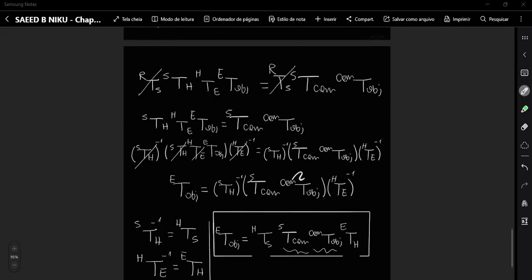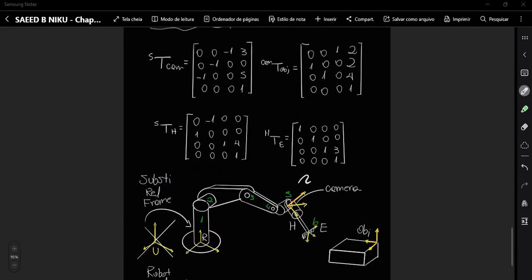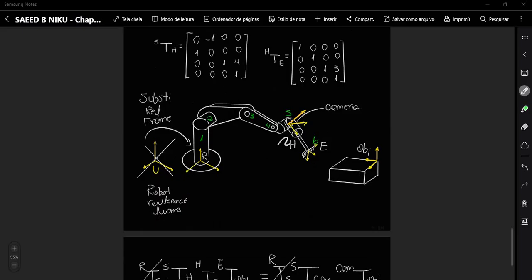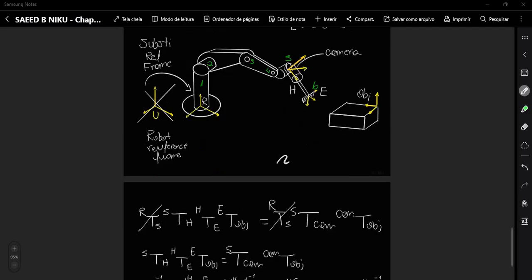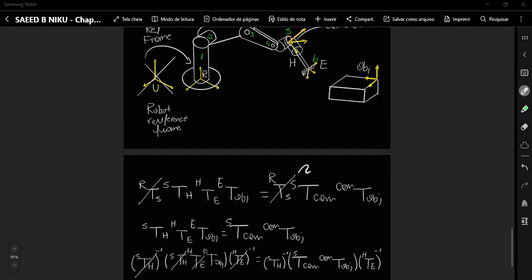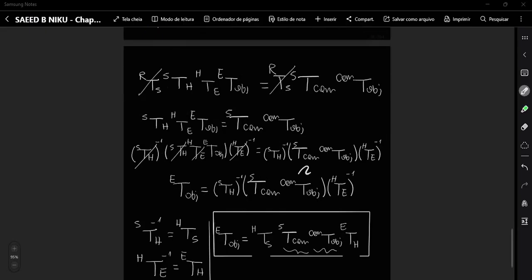We based it on the information of the text and on the task that this robot has to perform. We were able to extract a transformation equation, and we applied inverse transformations in order to simplify this transformation equation.